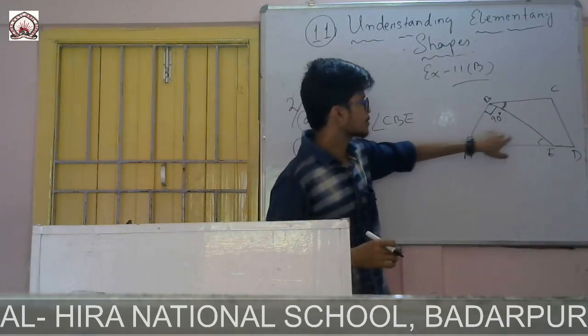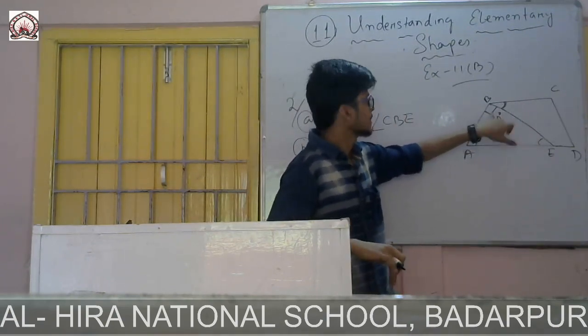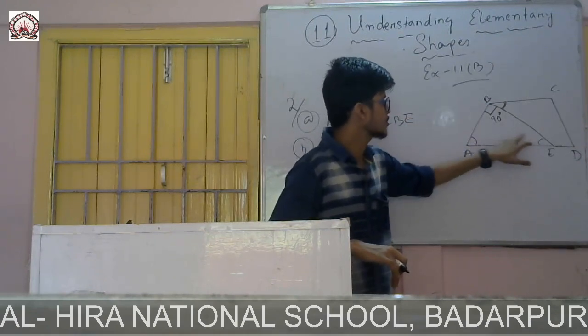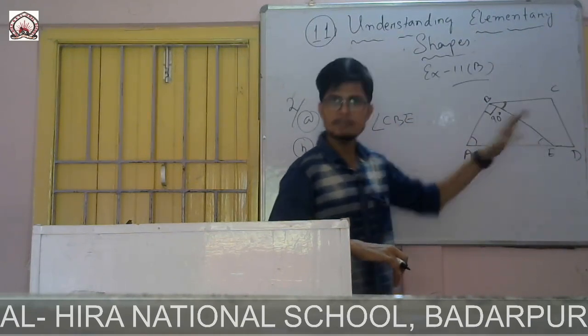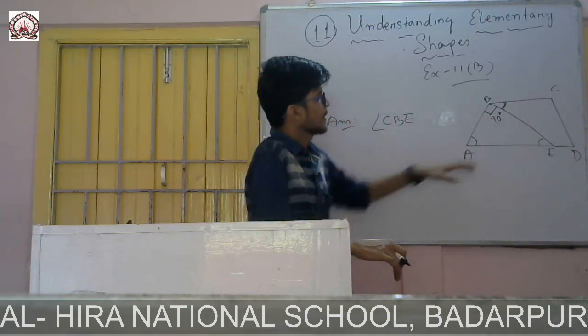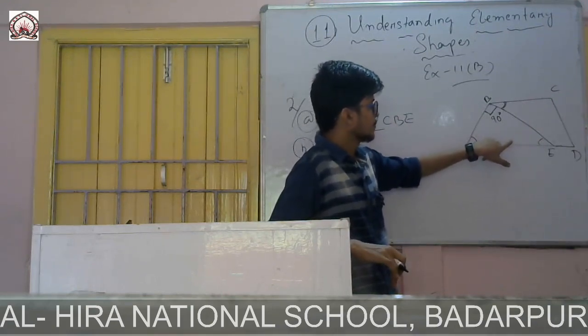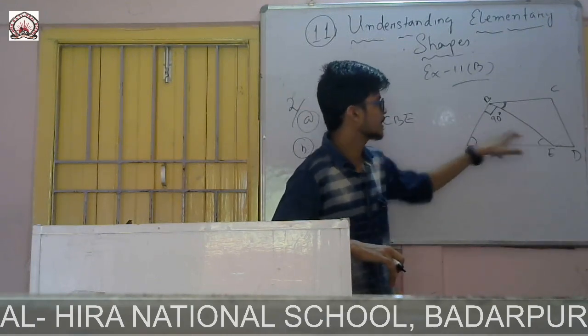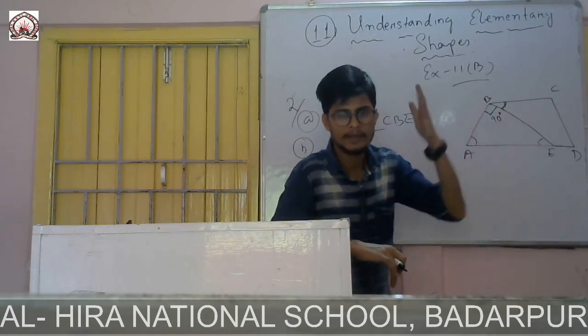The sum of the angles of a triangle is 180 degree. This one is given 90 degree. That means the sum of angle A plus angle E will be equal to 90 degree, so both of them are less than 90 degree. If one is 1 degree, then the other will be 89 degree.